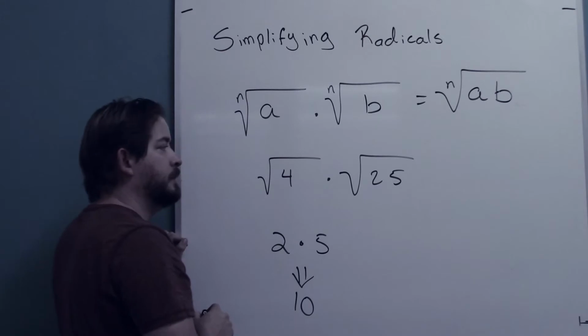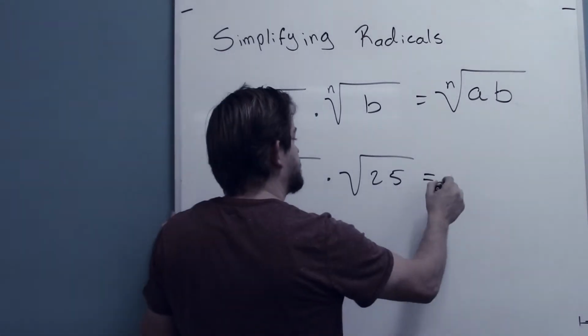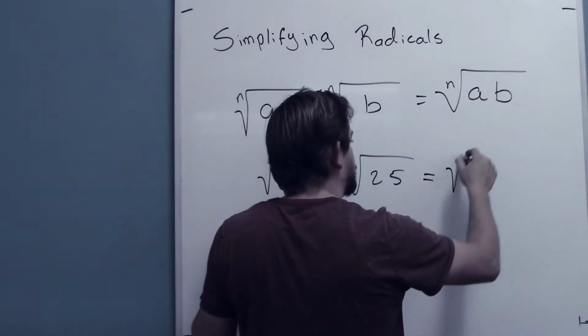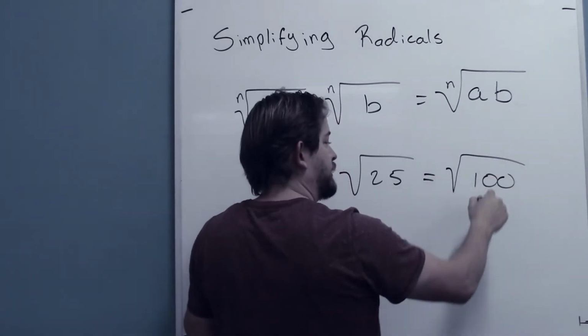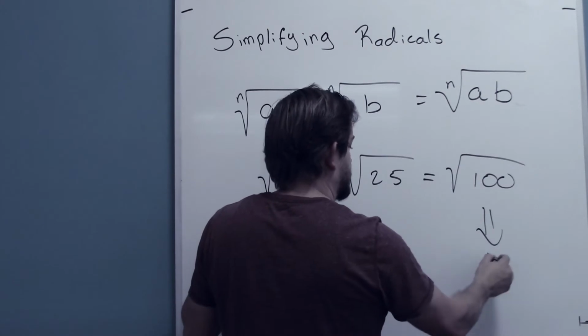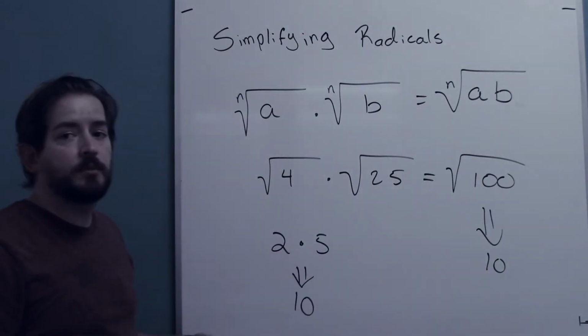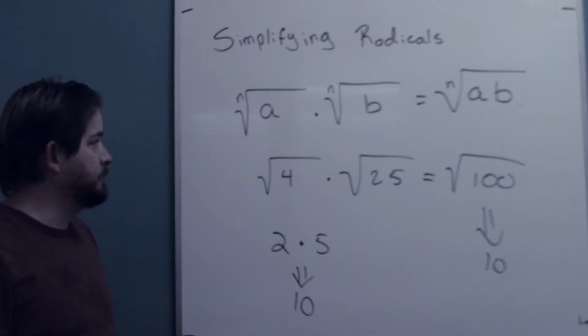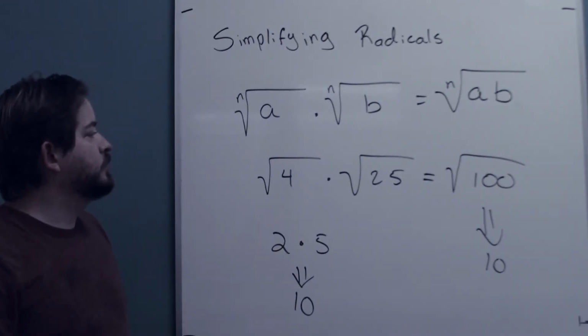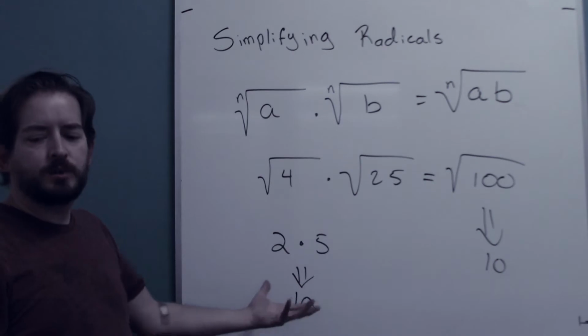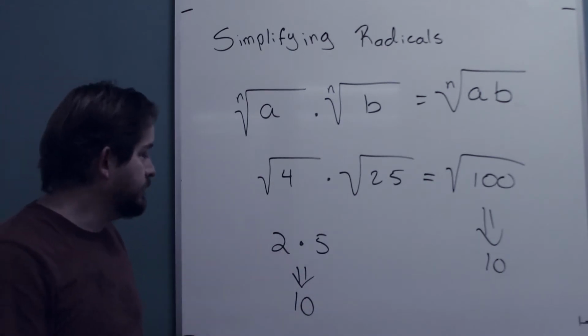But I could also say that this is the same thing as the square root of 4 times 25, which is 100, and the square root of 100 is 10. So I get the same number either way that I look at this. And that's what we're looking for in this section, ways to simplify bigger expressions, and this is step 1.